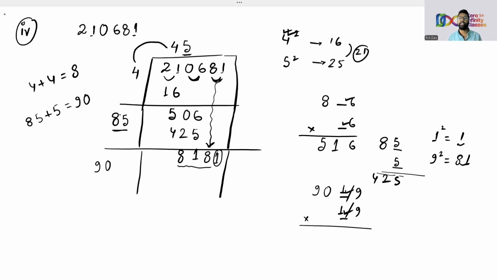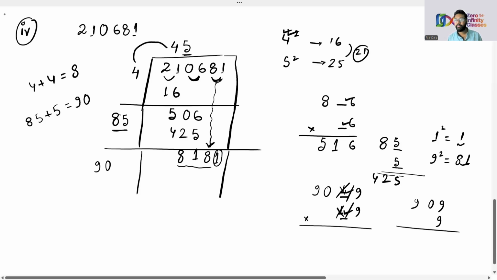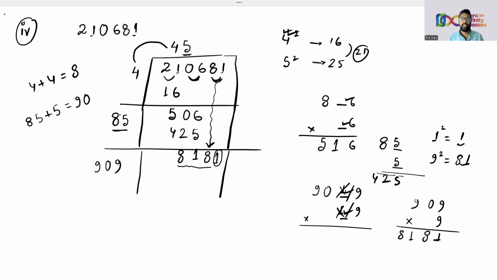If we multiply 901 by 1, we get 901, not 8181. So 1 is rejected. Let me take 9. 9 nines are 81, 8 in hand, 9 times 0 is 0, and 8 makes 8, and 9 nines are 81. So here I'm taking 9, here also 9, and we get 8181.